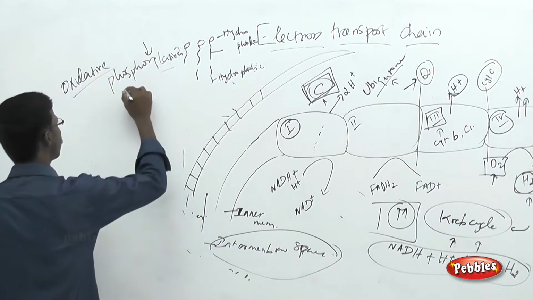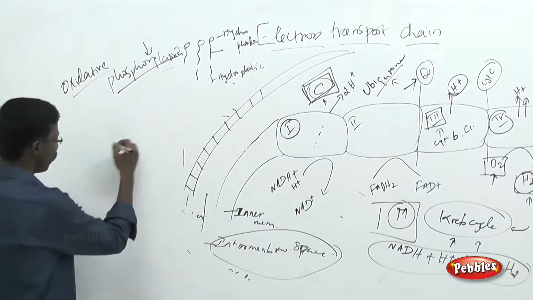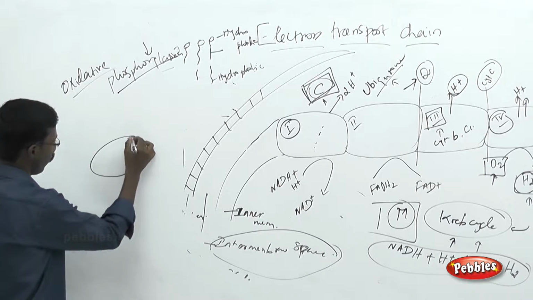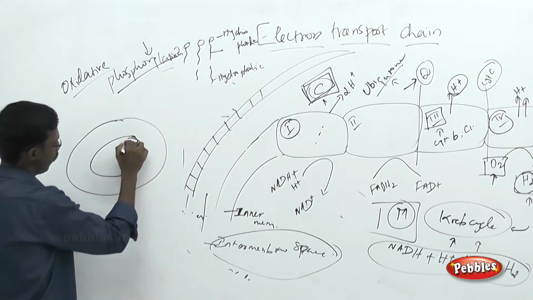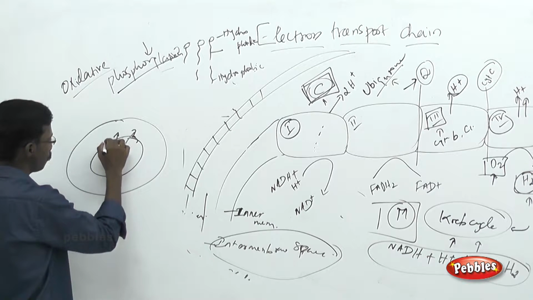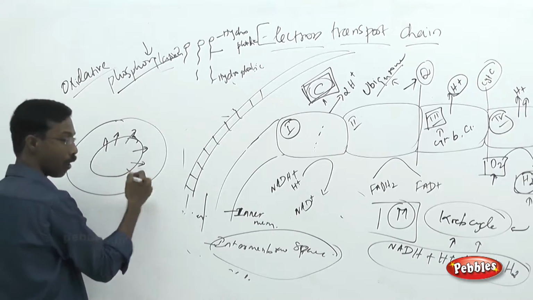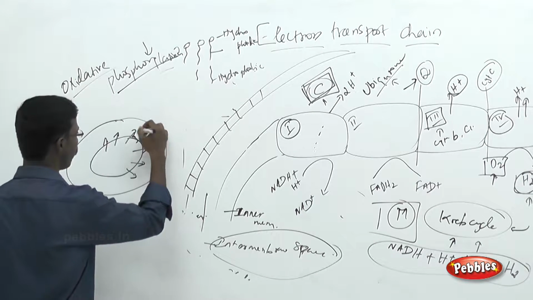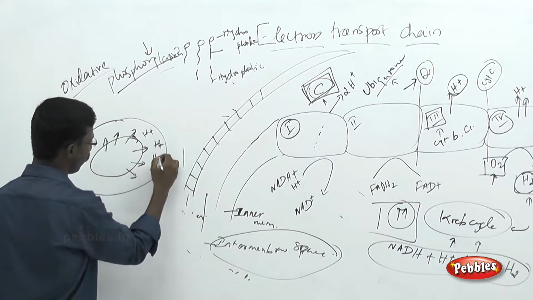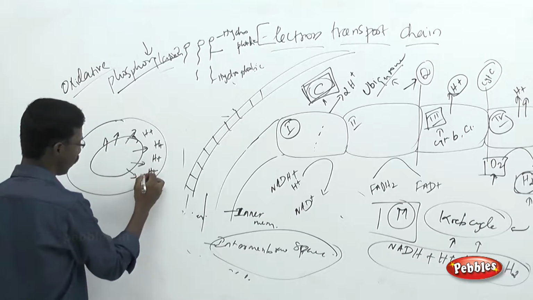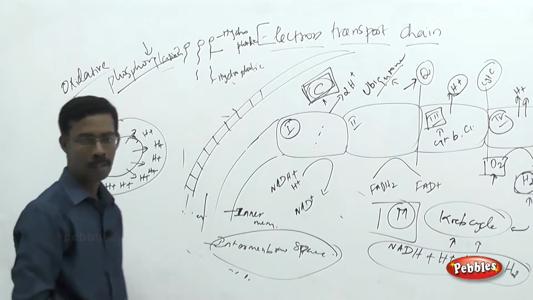As I told you, this is the mitochondrial inner membrane, this is the outer membrane, and by means of the electron transport chain the protons from the matrix are constantly pumped out of the matrix into the intermembrane space. This will concentrate the amount of protons in the intermembrane space.